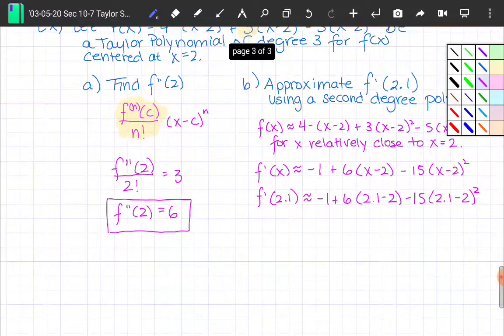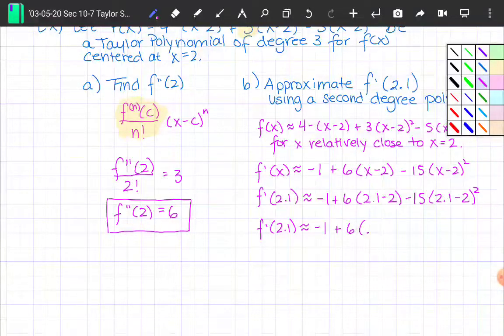And then you can evaluate it. So the first derivative, you could put it into a calculator, but let's see. That's going to be 0.1, and then 15 times 0.1 squared. Ugh, the pressure of trying to do this right the first time.